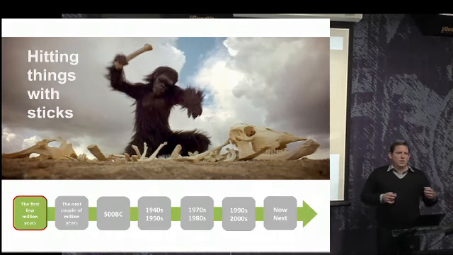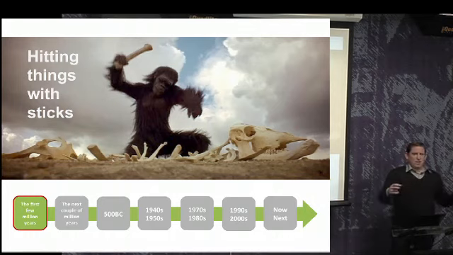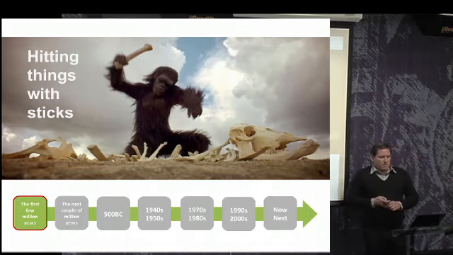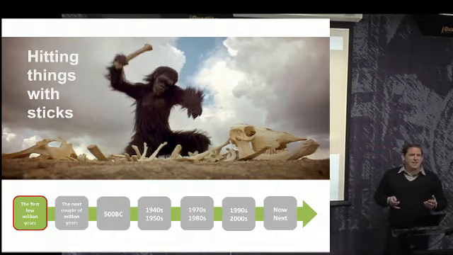You pick up a stick or a rock that's the right size to do the job you want to do today, and you're not making it. You don't make a stick that's the right size, or a rock that's the right size. You're just finding the technology and doing it. You might strip some twigs and bark off your stick, but that's, broadly speaking, it, and you're off. So the first few million years is just us using stuff that we find.